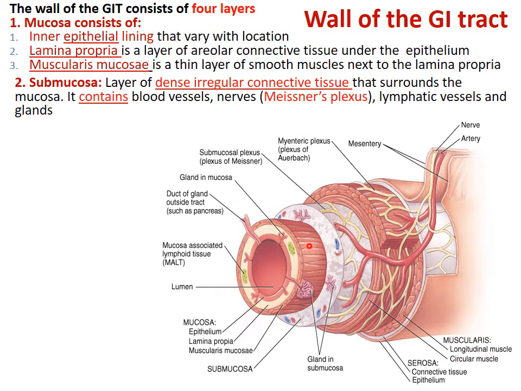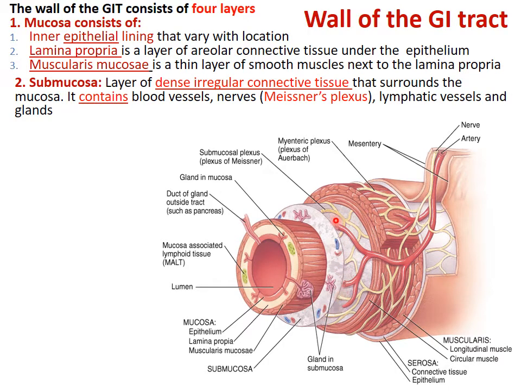So this is the three-layered mucosa. It is surrounded by the submucosa, a dense irregular connective tissue that contains blood vessels, nerves, and Meissner's plexus. Meissner was the scientist who discovered this. So the nervous plexus, if you see in this submucosa, these yellow colored nerve branches form a plexus.